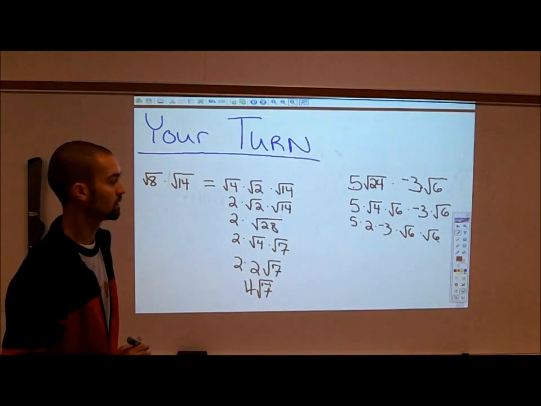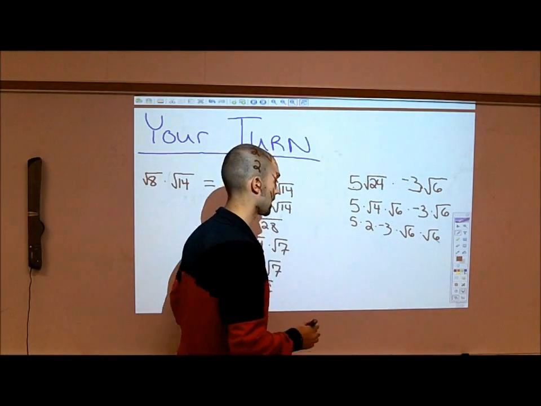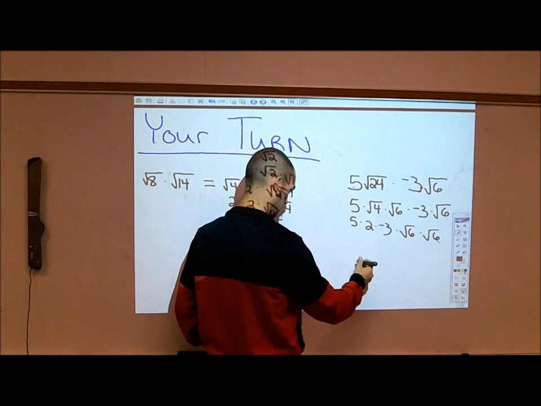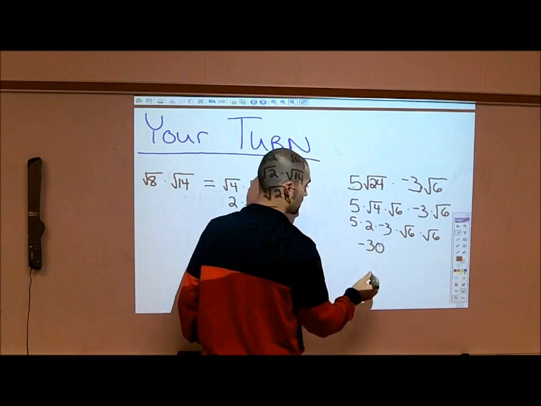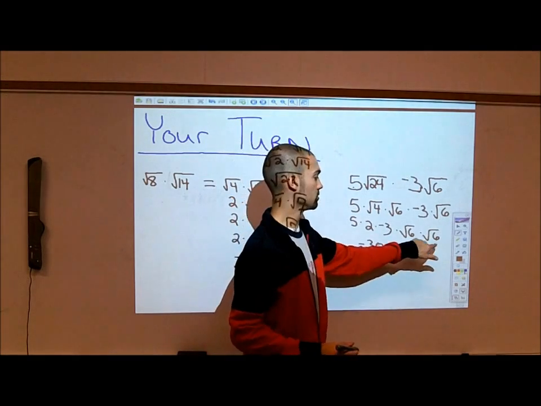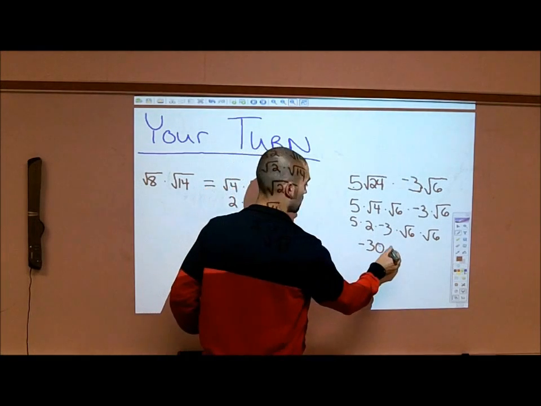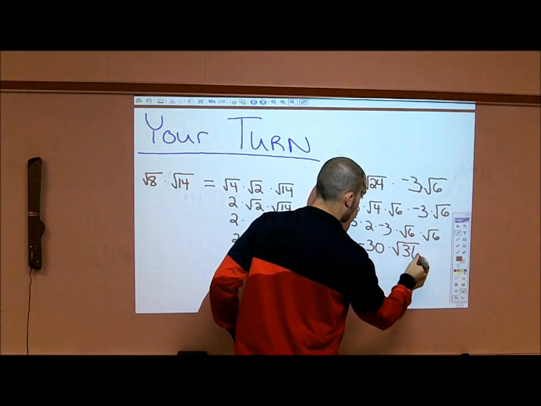So I can multiply what's on the outside, and I can multiply what's on the inside. Well, 5 times 2 is 10, times a negative 3 is a negative 30. And when I multiply two square roots, I get one square root, the square root of 36.